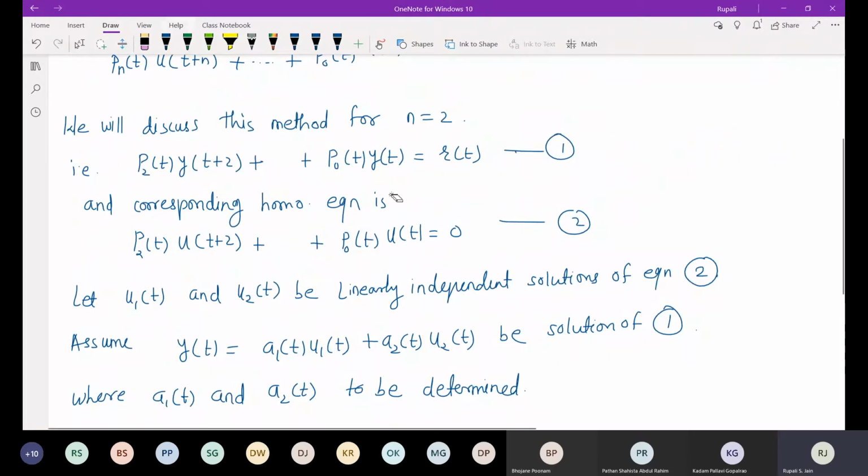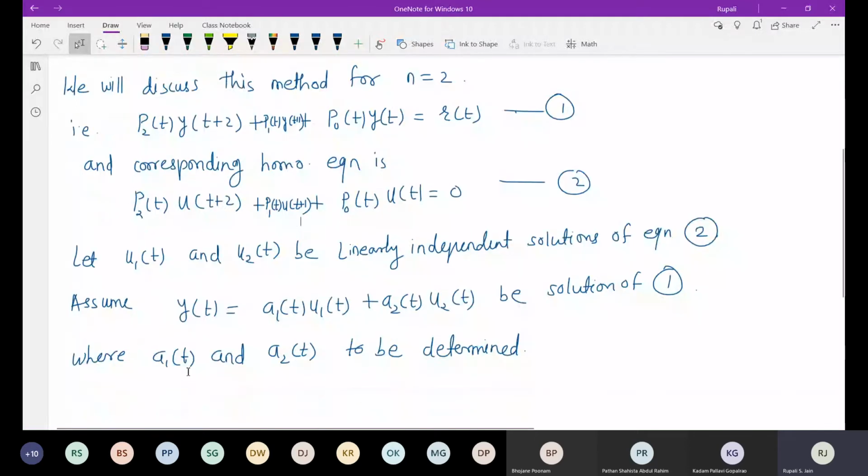Only one term, so no need to write dash. So what will be here? p_1(t) y(t+1) plus, and here p_1(t) u(t+1). Now if y(t) is this one, what is y(t+1)?